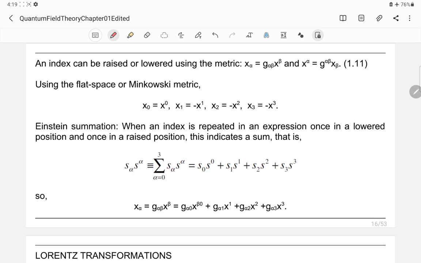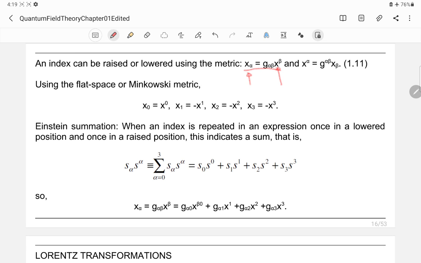So an index can be raised or lowered using a metric. In this case, you have x alpha is equal to g alpha beta x beta. This is covariant, and this one is a contravariant.